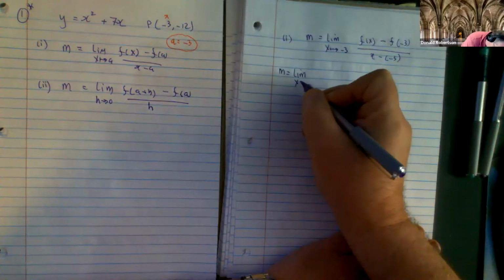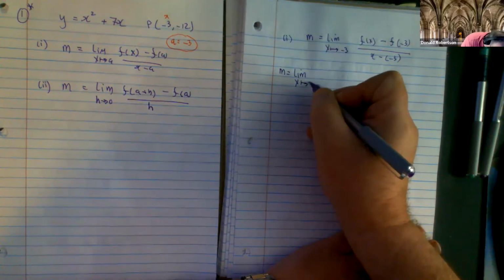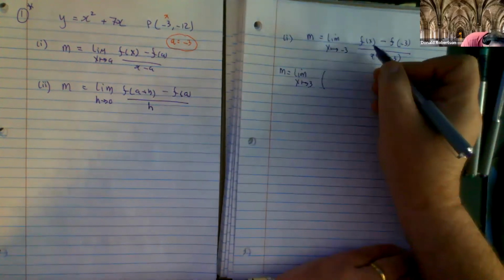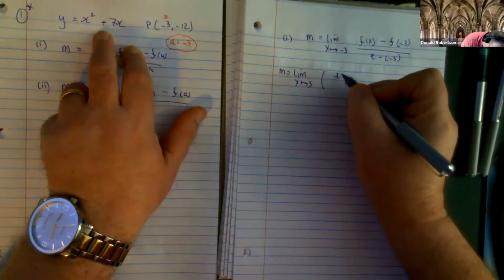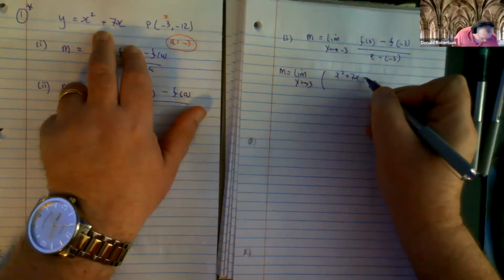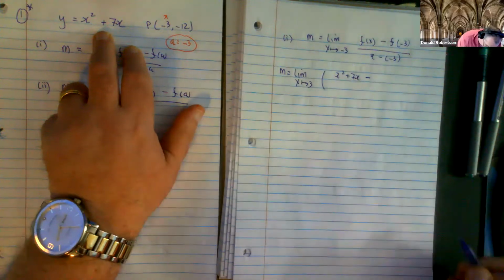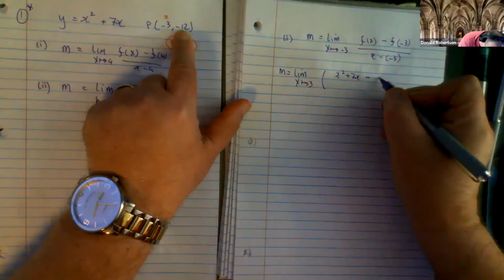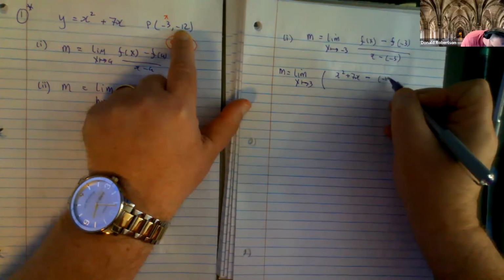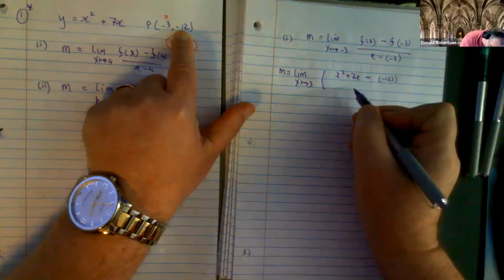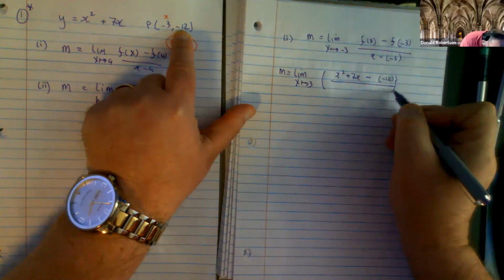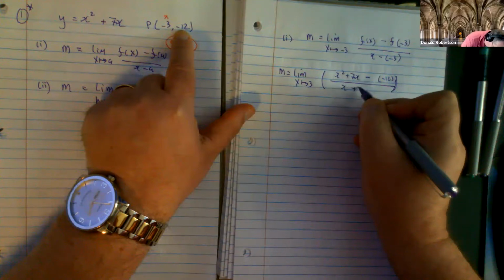So here's that guy. Right, f of x is basically x squared plus 7x, take away f of -3 is that number. So it's basically take away the y coordinate, just this one. And on the bottom, you get x plus 3.